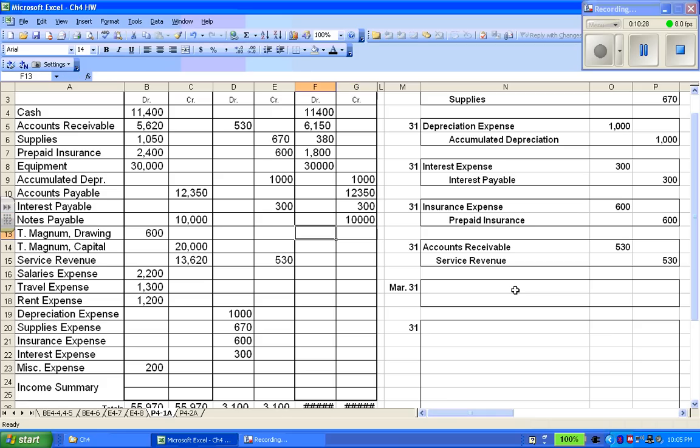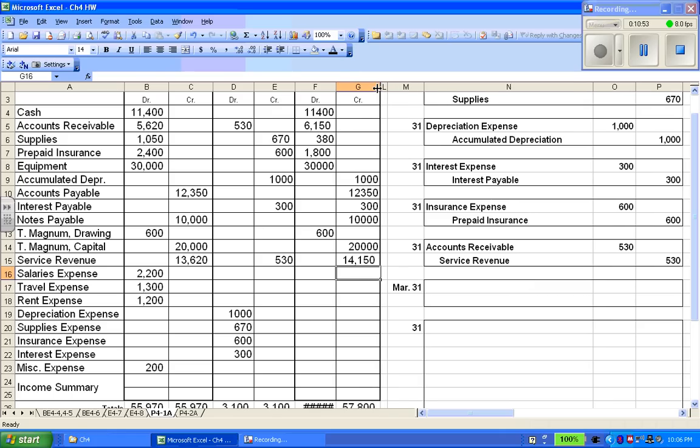The drawing account, nothing additional, $600 drawing as a debit. My capital is reflecting 20,000 credit. For service revenue, I have the original 13,620, and then I'm going to add the 530 to it. I've got to make that column wider. All right, I'm going to stop right now, and we'll continue.